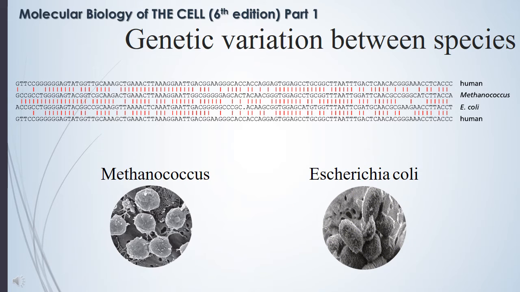Well, of course, it's obvious that there are variations between species, right? Humans and E. coli, well, obviously we're different. However, if you look at this diagram, and this is true for almost the entire genome, as you can see, there are many instances in which human DNA is aligned with E. coli DNA.